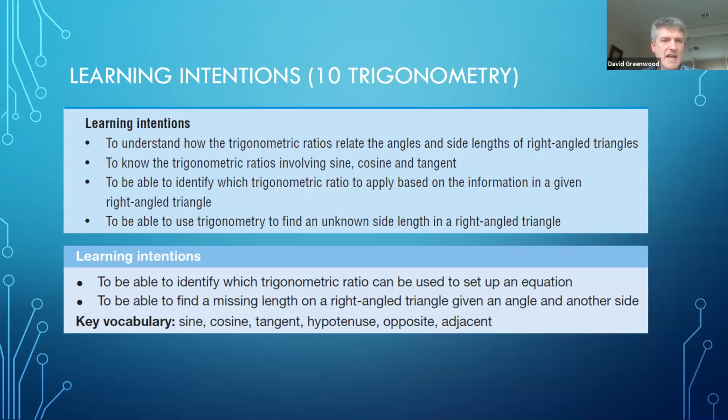For the second one, the Core example, there are fewer learning intentions, because if you compare Core with Essential, the trigonometry for Core is spread out across more sections, and so there are fewer learning intentions in the Core section that corresponds closely to that Essential section.